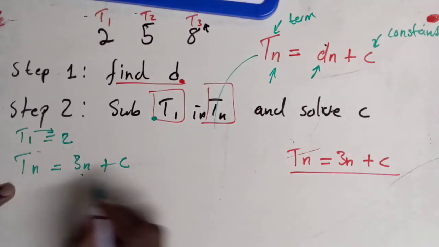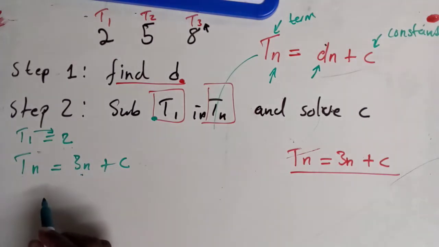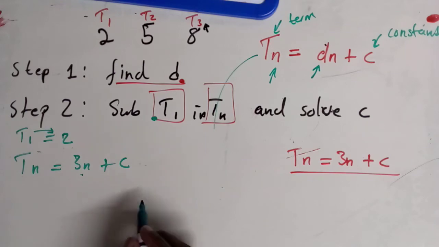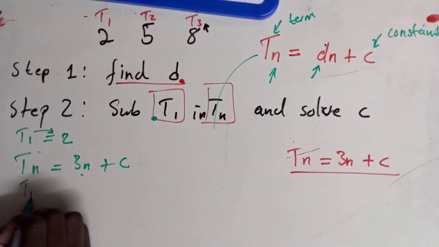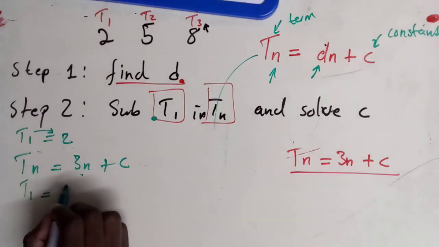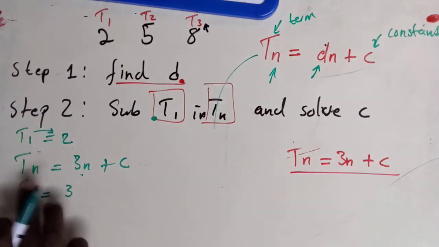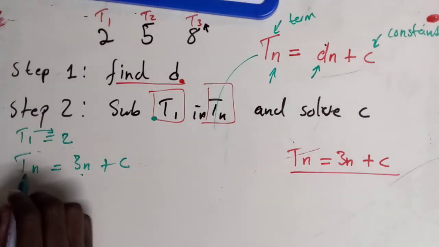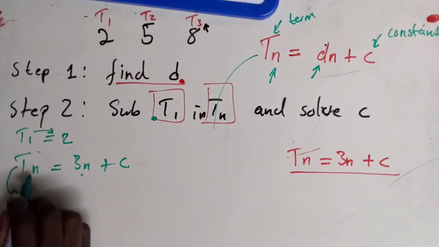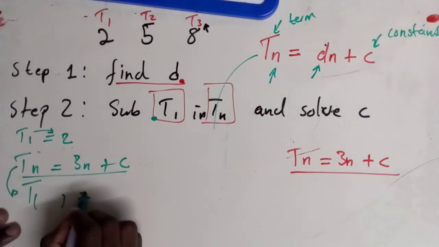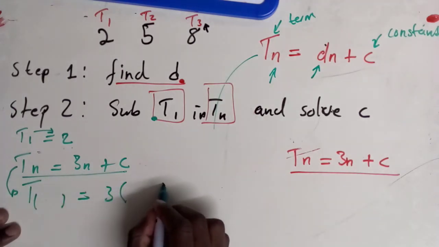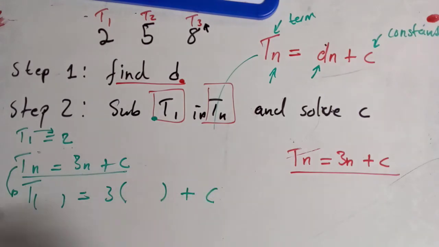I'm going to take this equation here. I'm going to say T of open bracket is the same as 3 open bracket plus c.